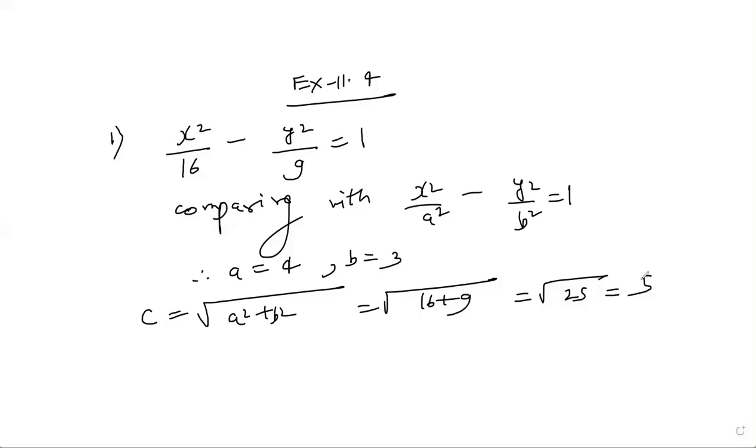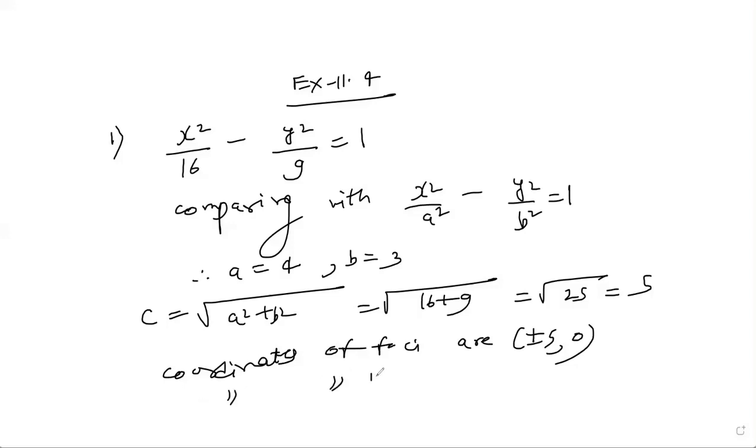Now what they're asking us here is the coordinates of the foci. So in that case, since our transverse axis is along the x-axis, it is going to be plus minus 5, 0, like the way we have in the first form. So we got it. And then they're also asking the coordinates of the vertices.